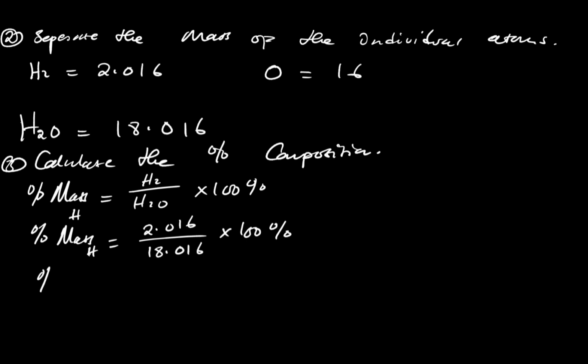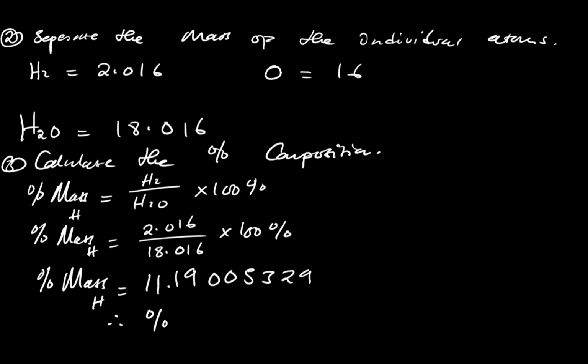If you compute that, you will get 11.19005329. Therefore, the percentage composition by mass of hydrogen is equal to 11.19.